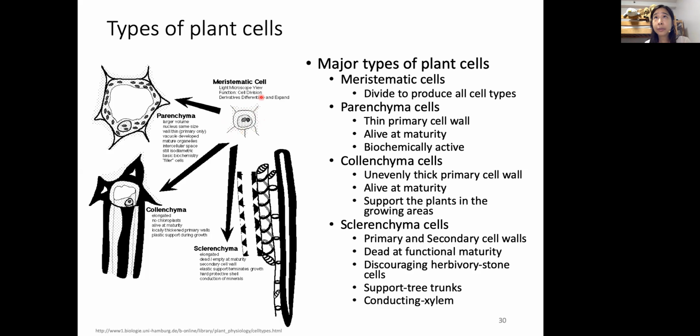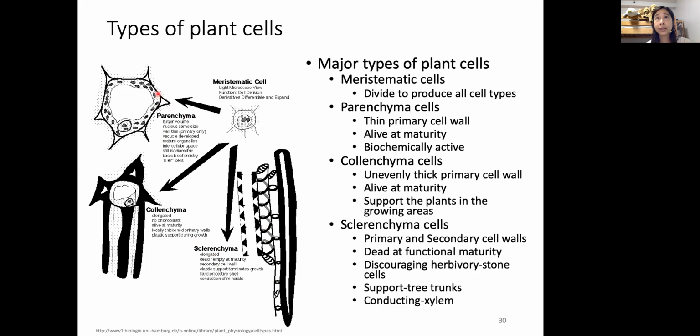This meristematic cell can divide and can produce all other kinds like parenchyma, which we will talk about later, and sclerenchyma. The next type of cells, as I mentioned, parenchyma, are composed of a thin primary wall.